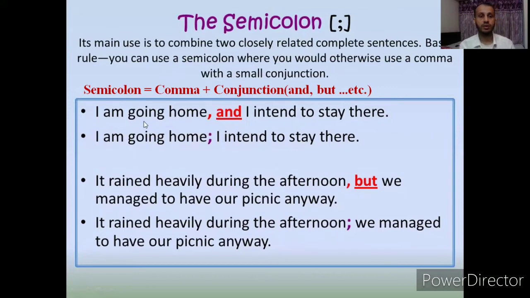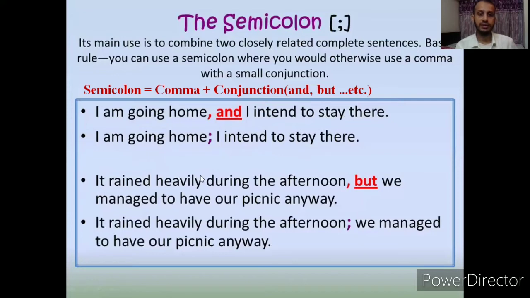Here, for example: I am going home, and I intend to stay there. Look at that. In the second sentence, we can remove the comma and the conjunction and, and we shall write only a semicolon. I am going home; I intend to stay there.